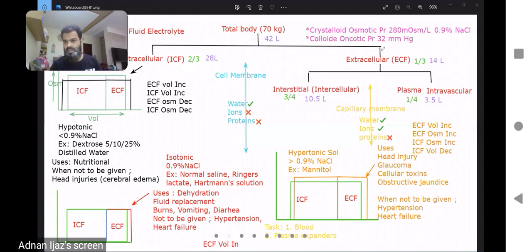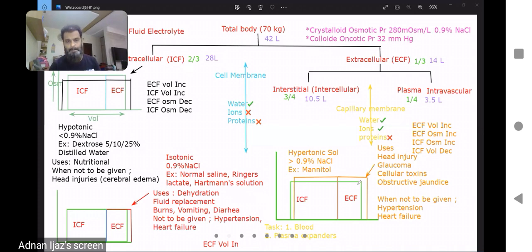We come to the third case scenario. Here, we are giving a hypertonic solution. Again, the access is in the intravascular area. We can just give it here. What will happen to the extracellular compartment volume?